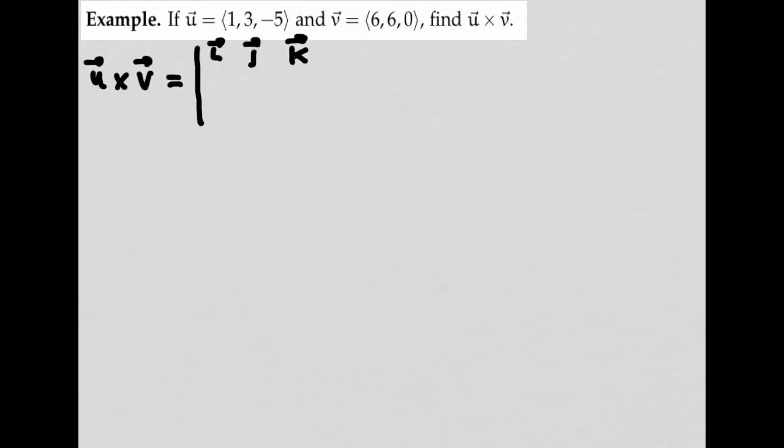The second row are the components of u, 1, 3, negative 5. And the third row are the components of v, 6, 6, 0.